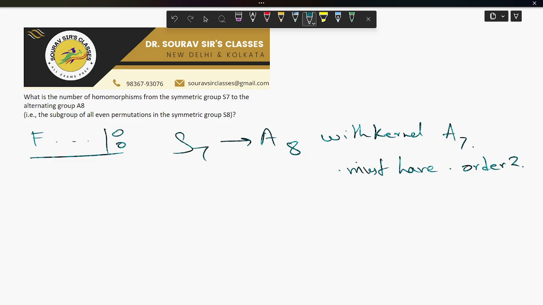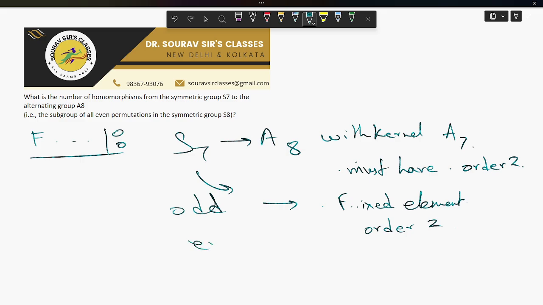Now, every homomorphism of this type will map odd elements of S7 to some fixed element of order 2, and even elements of S7 will go to the identity in A8.